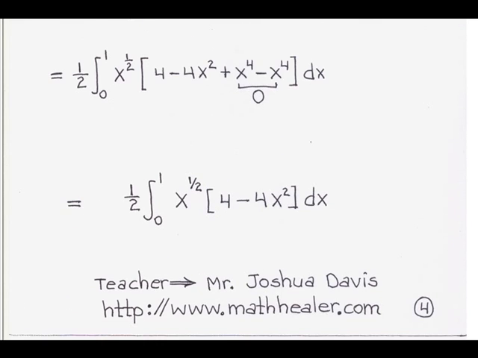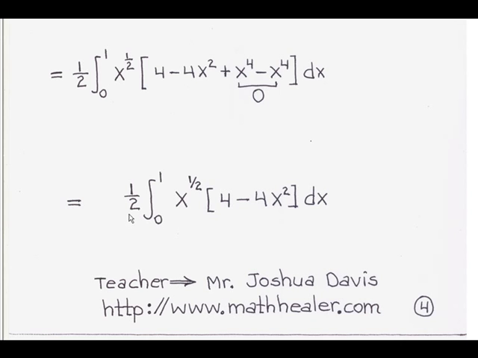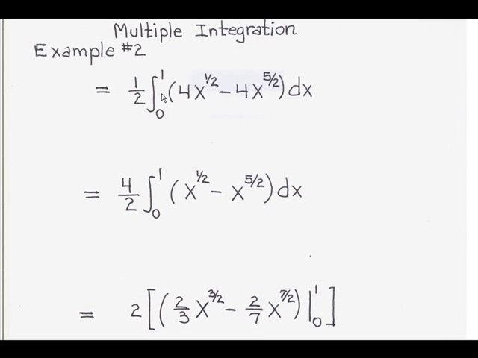So upon further simplification, we have 1/2 times the integral from 0 to 1 of x to the 1/2 times (4 minus 4x squared) dx. After multiplying through by x to the 1/2, we have 1/2 times the integral from 0 to 1 of 4 times x to the 1/2 minus 4 times x to the 5/2 dx.